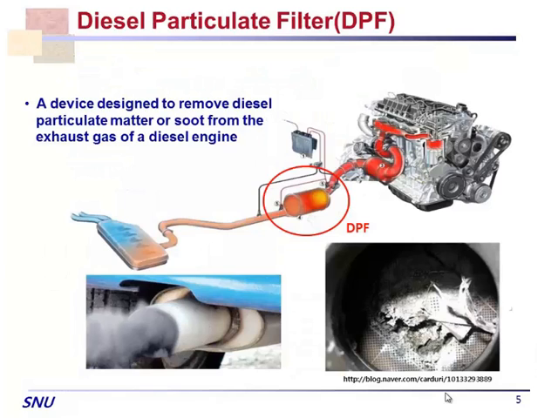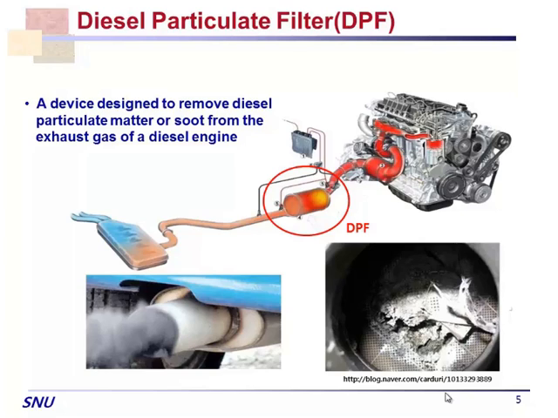Here is one example, the diesel particulate filter, so-called DPF. There is an exhaust line from the engine to the outside, and there is a filter for removing diesel particulate matter or soot from the exhaust gas of a diesel engine.